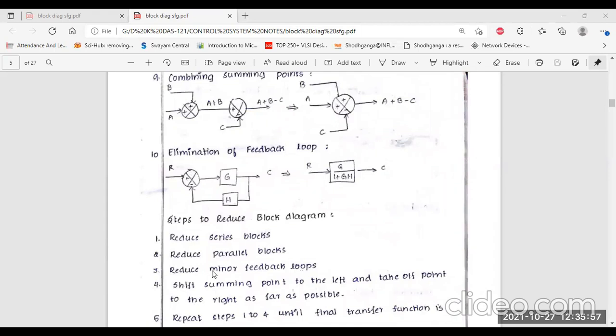So number 3, reduce minor feedback loops.